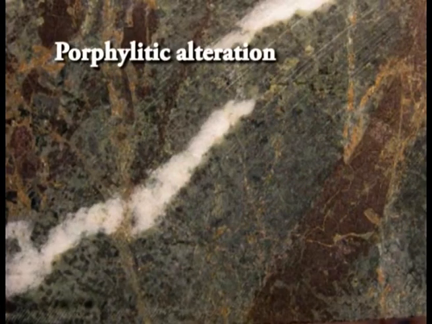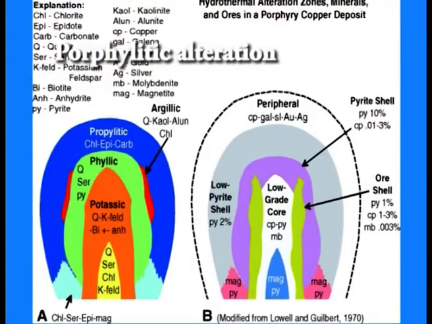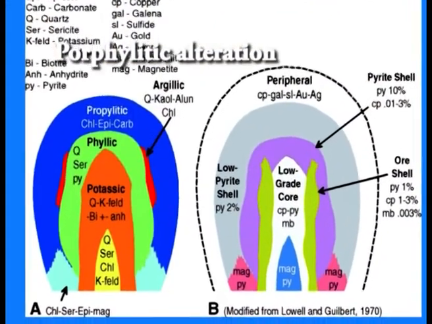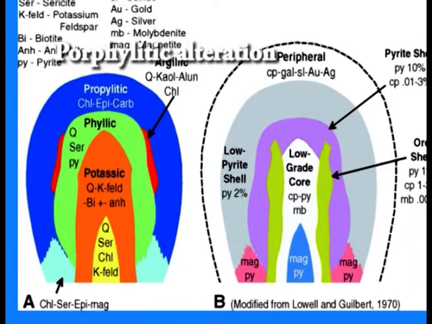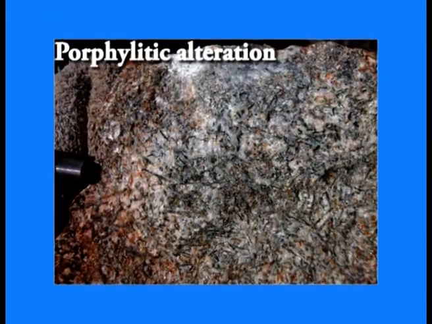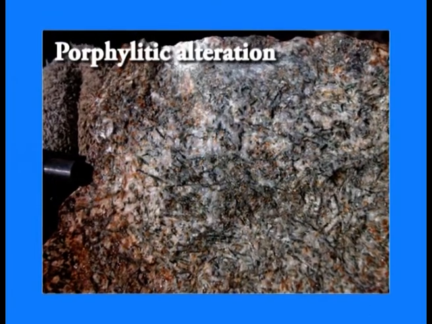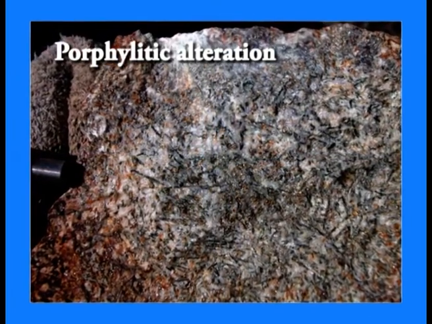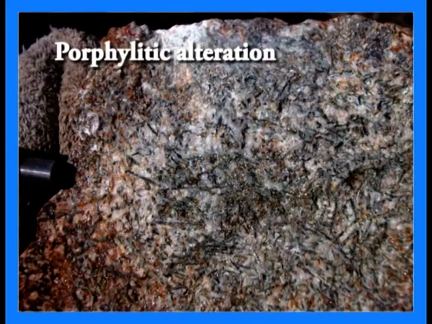And the last alteration is known as propylitic alteration, represented by the development of green color produced by minerals like chlorite, epidote, chert and also calcite in the host rock.